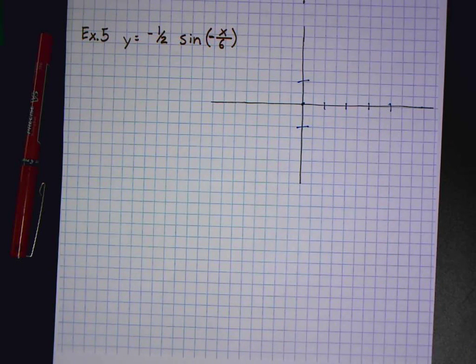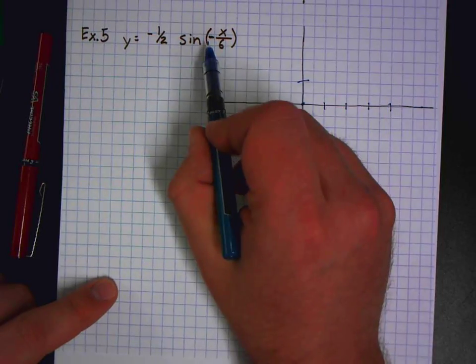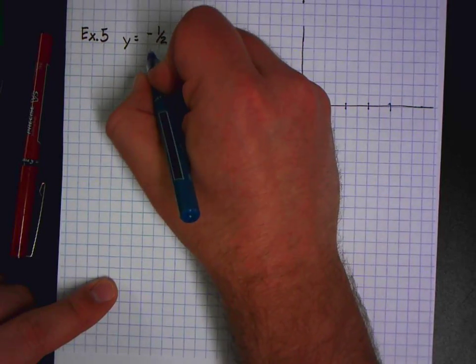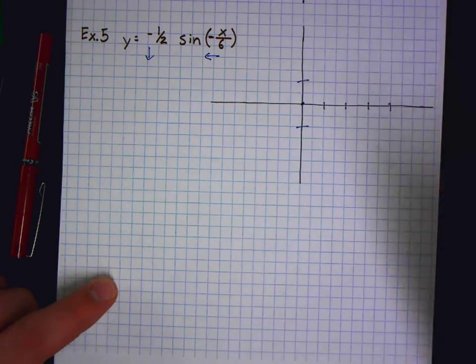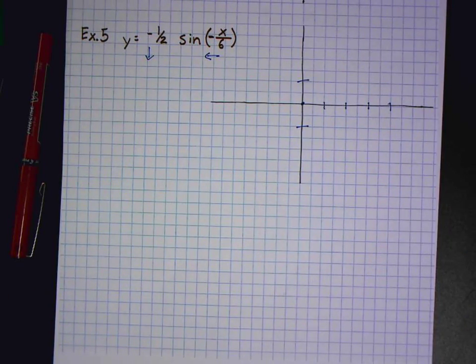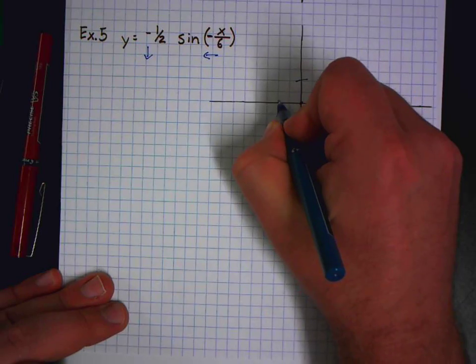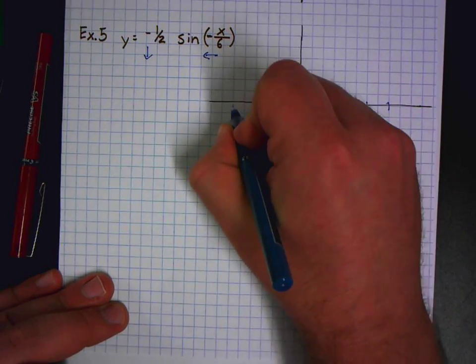Also, because of the negative on the inside, it's going to go backwards. So this negative out here makes it go down. This negative in here makes it go backwards. So instead of making those tick marks out there, I'm going to make these tick marks back here.